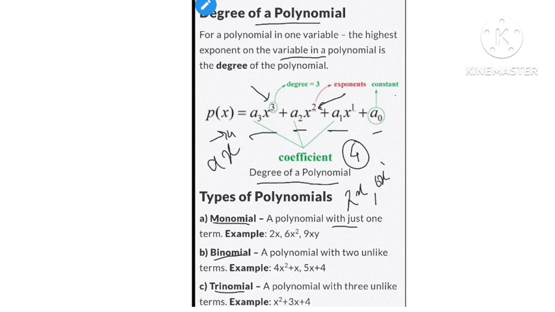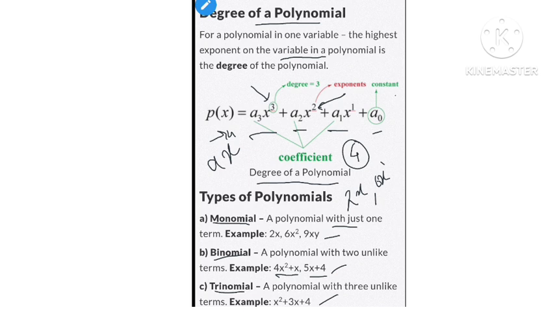What is a binomial? With two unlike terms, not like terms, is known as a binomial: 4x square plus x, 5x plus 4. And trinomial means with 3 unlike terms: x square plus 3x plus 4. In monomial it is 1, binomial 2, trinomial 3.